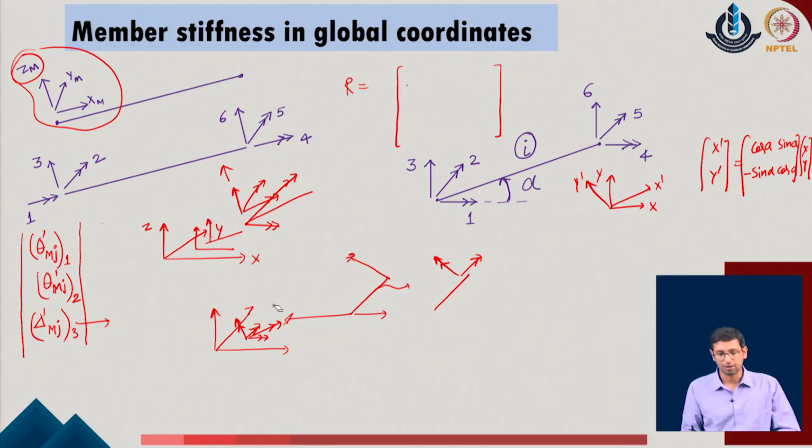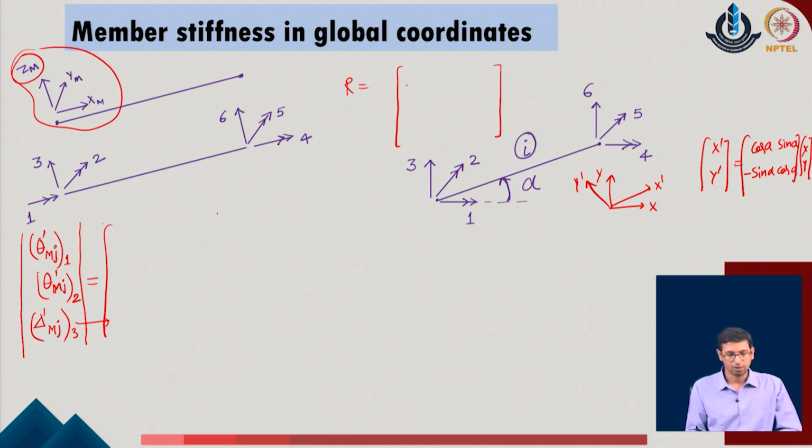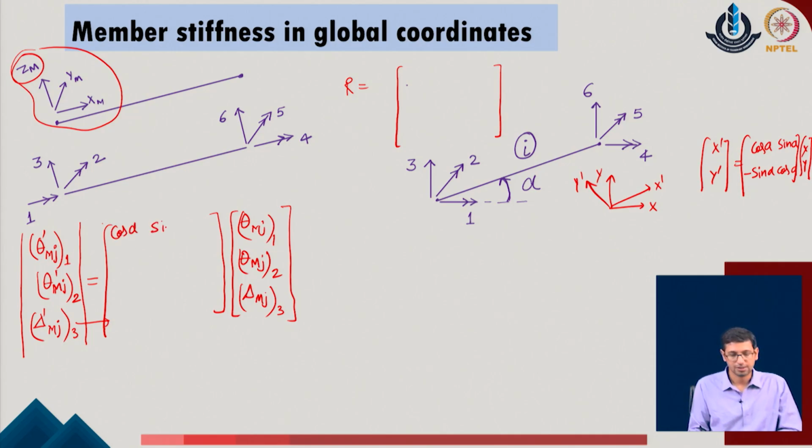So it can be defined in a simplistic manner now, that theta with respect to the local axis and with respect to the global axis can be correlated by a standard rotation matrix, and that appears the same: cos alpha, sin alpha, 0; minus sin alpha, cos alpha, 0; 0, 0, 1.